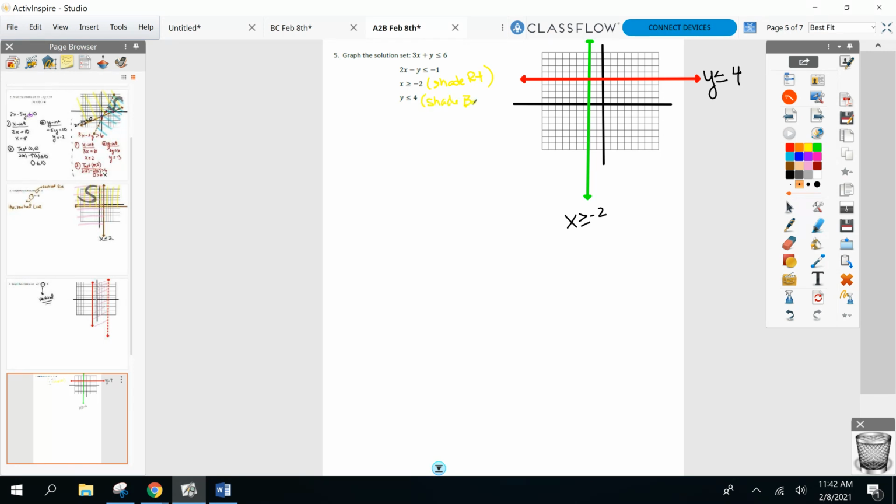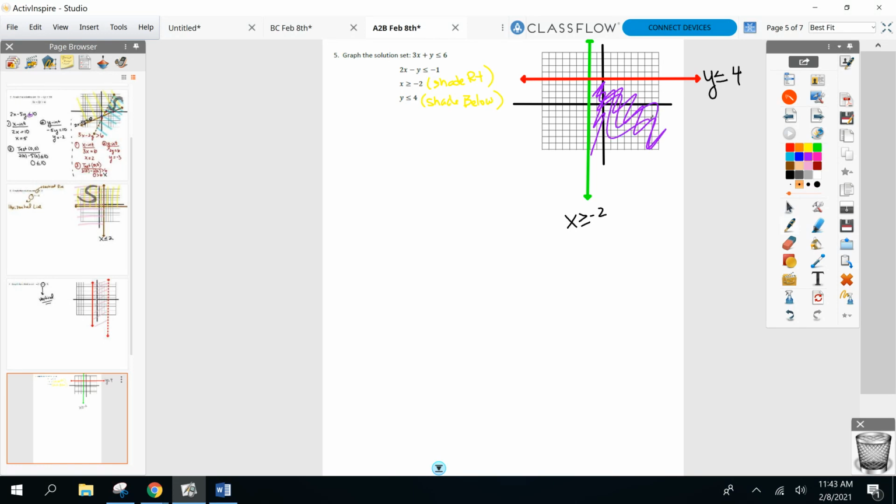Everyone stop what you're doing, even if you're getting ahead of me. Here's what I'm trying to have you do in your head right now. So to the right on my green line, down on my red line. I'm trying to make the area where I'm going to shade smaller and smaller. So I at least know my final answer is going to be somewhere in here.